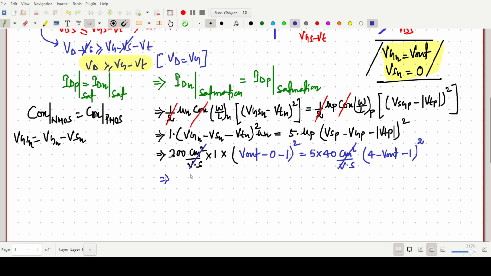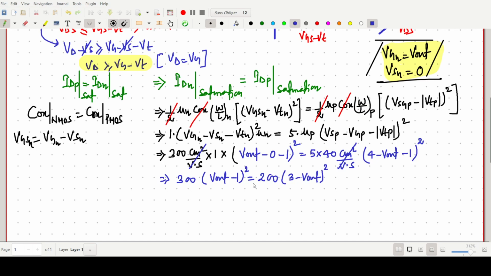So then after we can write 300, one more line I want to write: V output minus 1 whole square into 200, then 3 minus V output square.